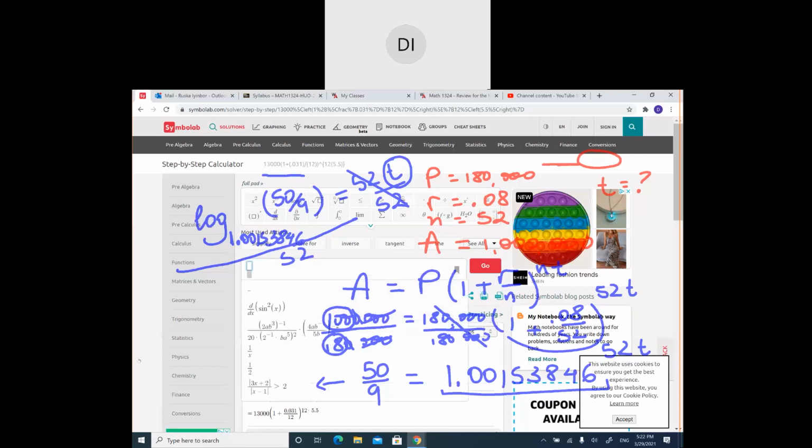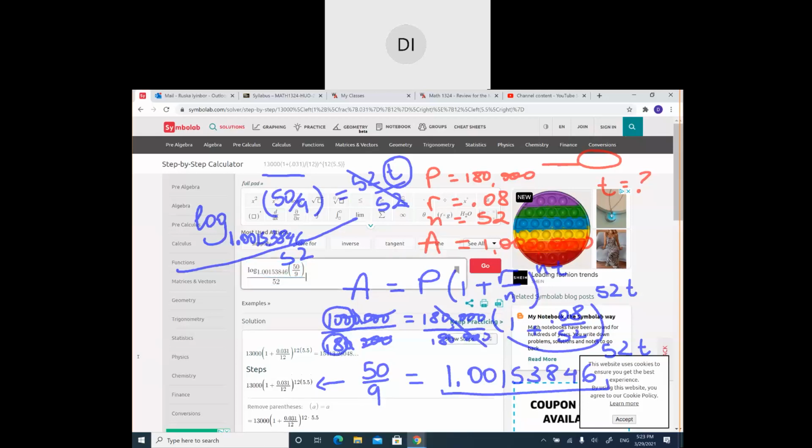So I'm going to press the logarithm, and then you're going to put 1.001534846. And then in the next box, you're going to put 50 divided by 9. And then in the bottom of that big fraction, we're going to put 52.